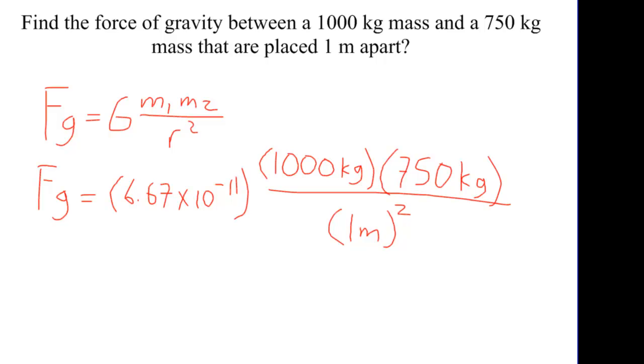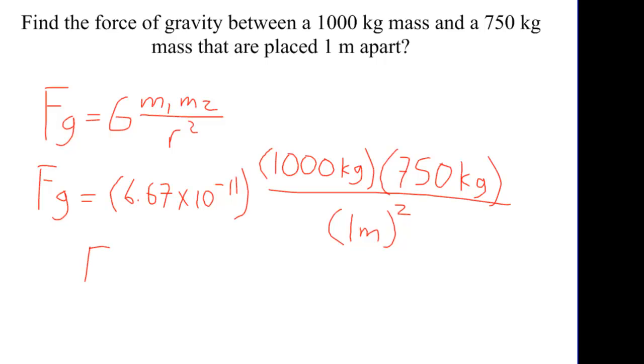So in this case, we'll have 6.67 times 10 to the negative 11, 100 kilograms of mass, 750 kilograms, and the distance between them of 1 meter. Now for calculating, it's pretty straightforward. Multiply 6.67 times 10 to the negative 11 by 100, multiply that by 750, divide by 1 squared.